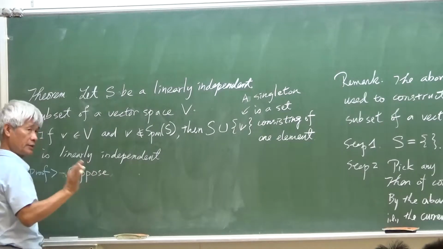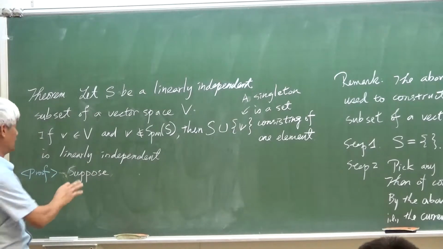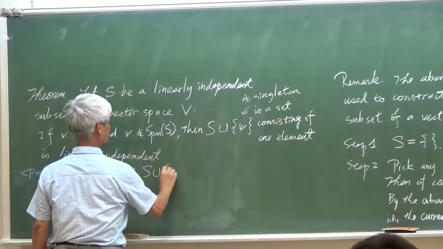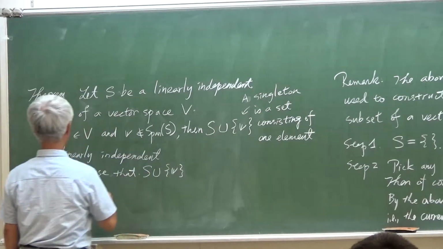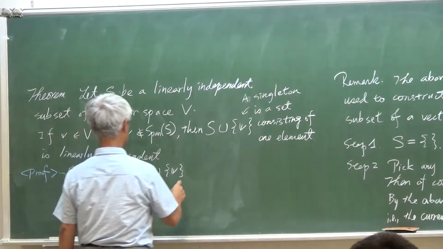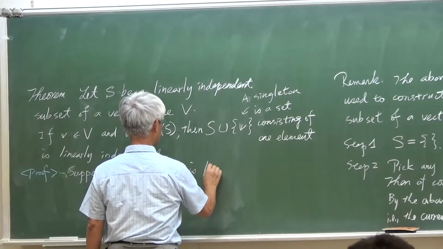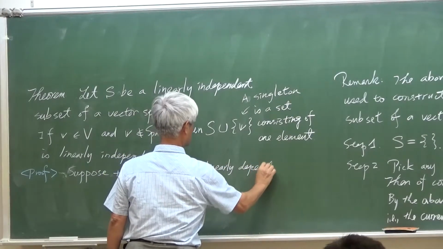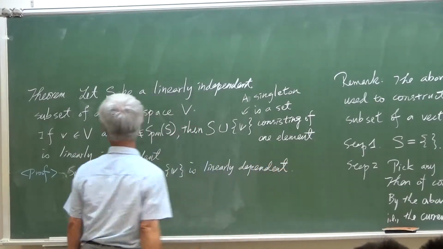So our strategy is to prove it by contradiction. Suppose that S union {v} is linearly dependent.